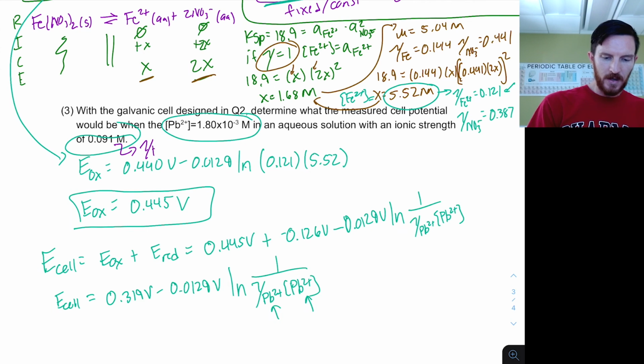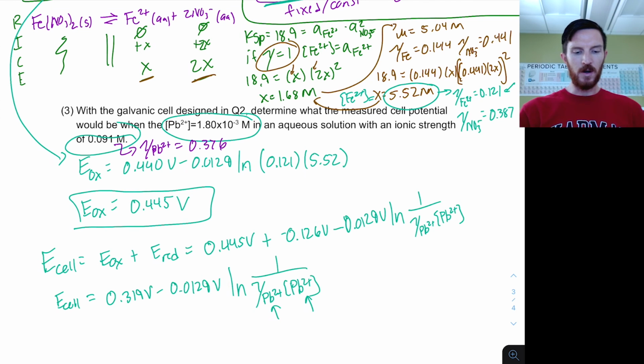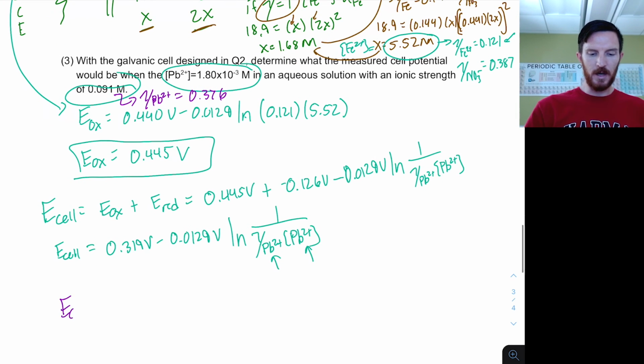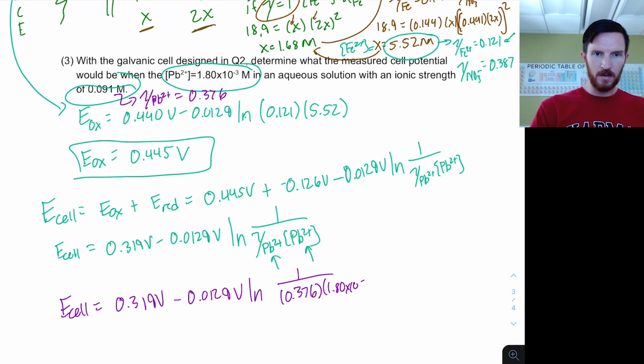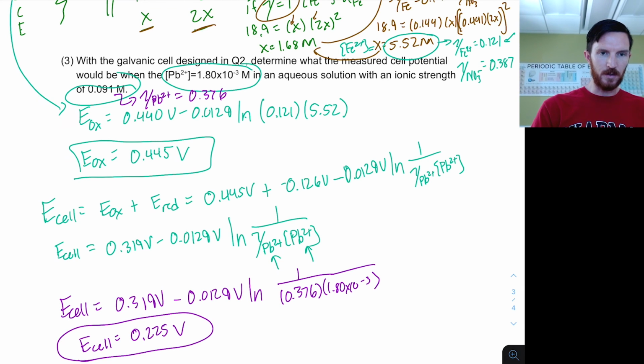Now, from our ionic strength, we can calculate the activity coefficient of lead 2 plus, which is 0.376, from that ionic strength and its charge. And so now we have all the information we need to calculate our cell potential: 0.319 volts minus 0.0129 times the natural log of 1 over 0.376 times 1.8 times 10 to the negative 3, and we would get a cell potential of 0.225 volts.